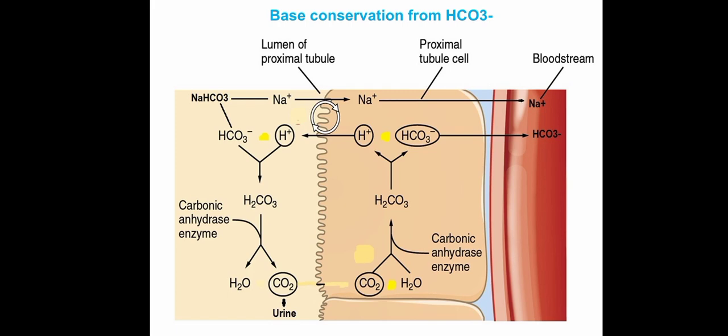In the proximal tubule, H plus secretion is primarily coupled to the positive movement of sodium ions from the tubular lumen to the epithelial cells. See, in one way, the H plus ion is transported from the tubular cells to the lumen, that is to the urine. Another way, the sodium ions are transported from the tubular lumen to inside the proximal tubular cells.